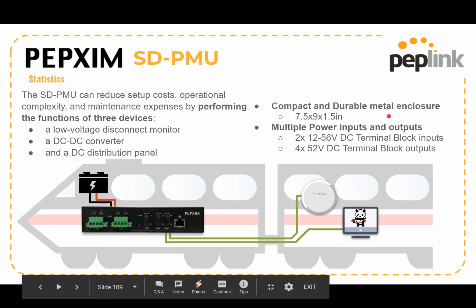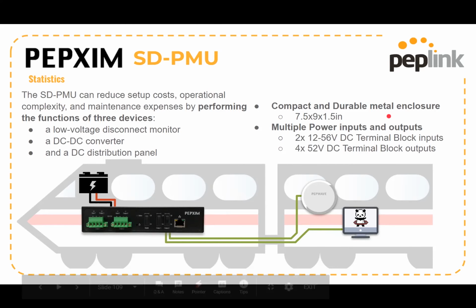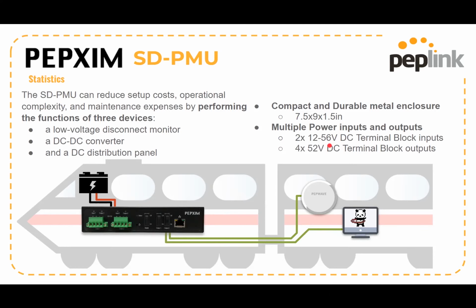It has small metal enclosures, a very small form factor, and it can collect and pull in data between 2 to 56 volts, and it could output up to 4 52-volt terminal blocks.